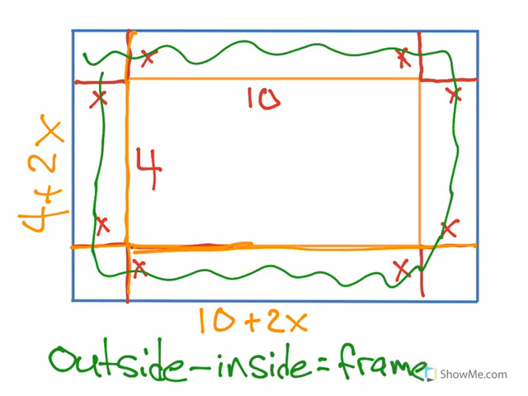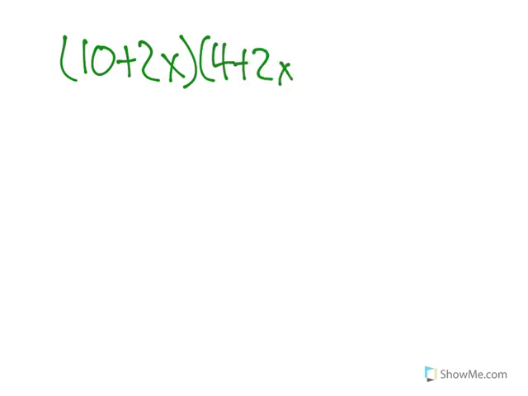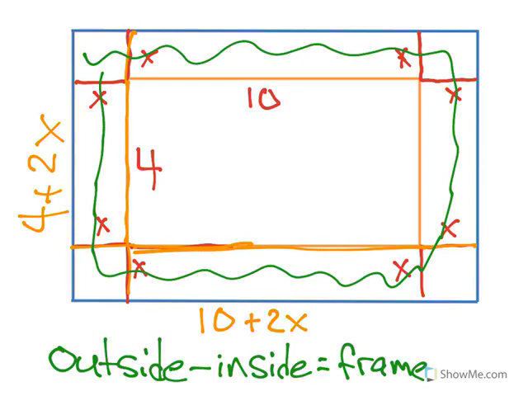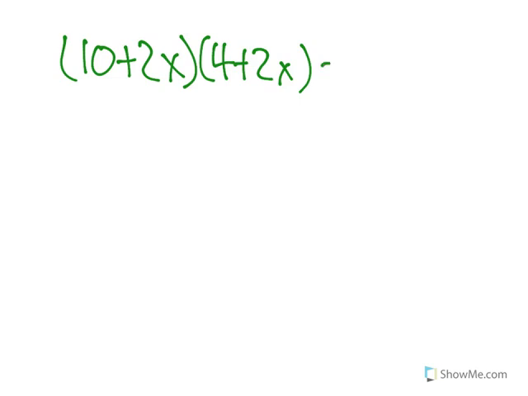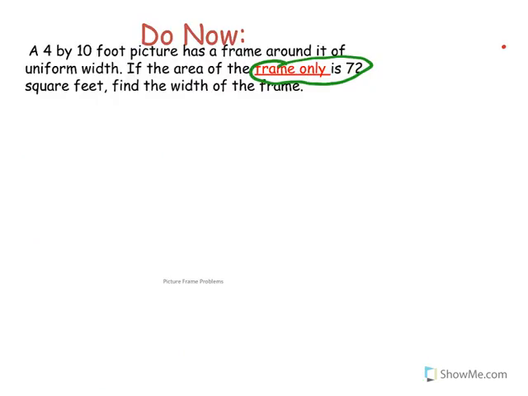So the outside, we've got 10 plus 2X times 4 plus 2X. Now the inside is just 4 by 10, which is 40. And it says that area should be equal to 72 square feet.